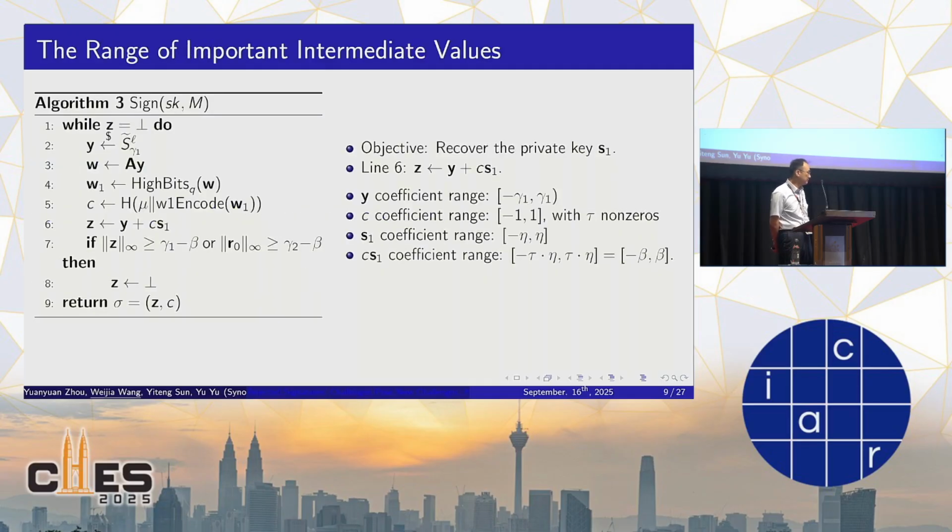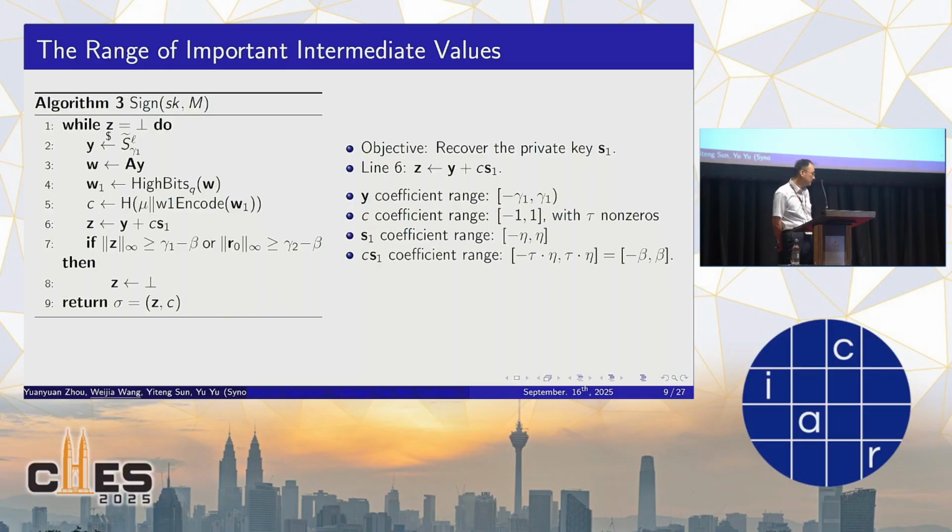On the left part, I will provide the procedure of signatures for reference. First of all, I will present the range of some important intermediate values. Our goal is to recover the private key s1. What we focus on is line 6, which calculates the addition between vector y and cs1.